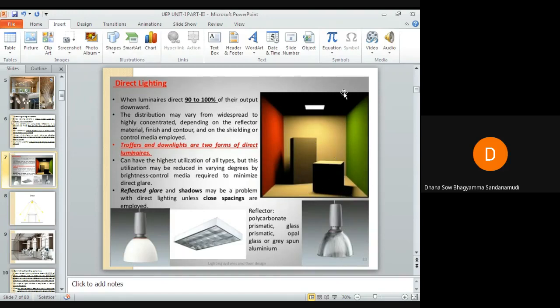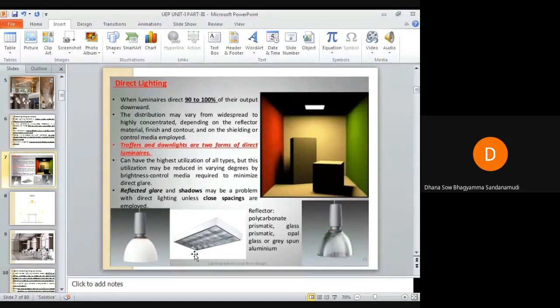In order to make it more effective, we use reflectors. You can see a dome shaped structure here. This is the reflector, this is also a reflector, and this is also a reflector. Usually these reflectors are made of polycarbonate, glass prismatic, opal glass, or gray spun aluminum.